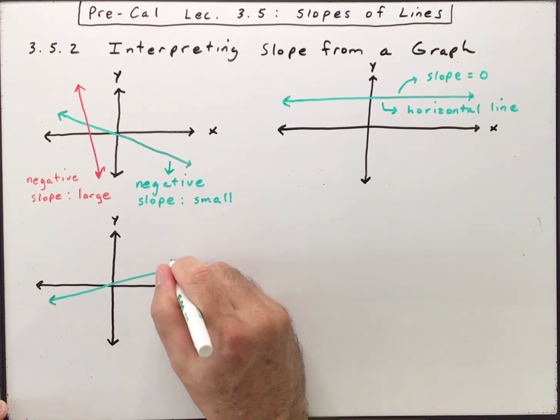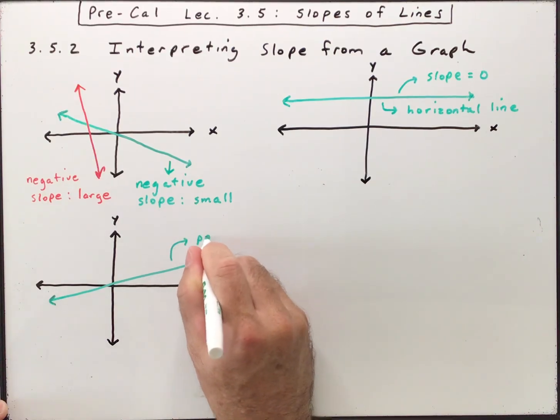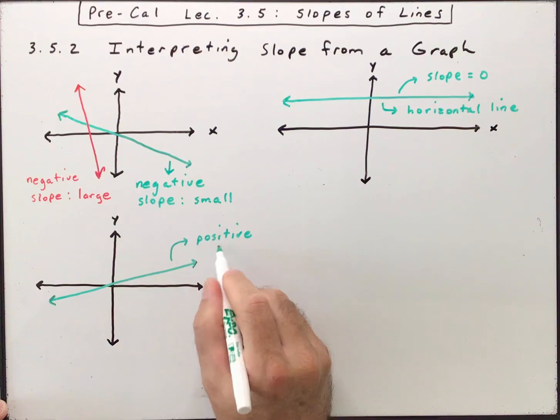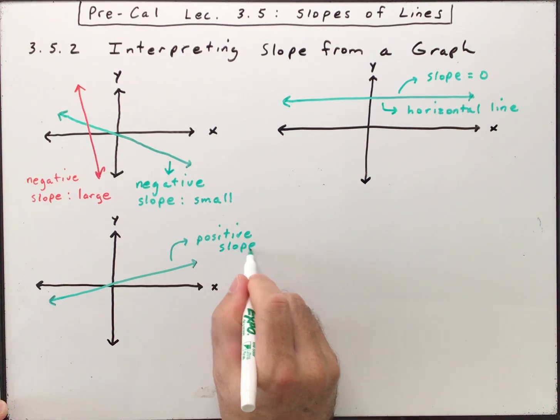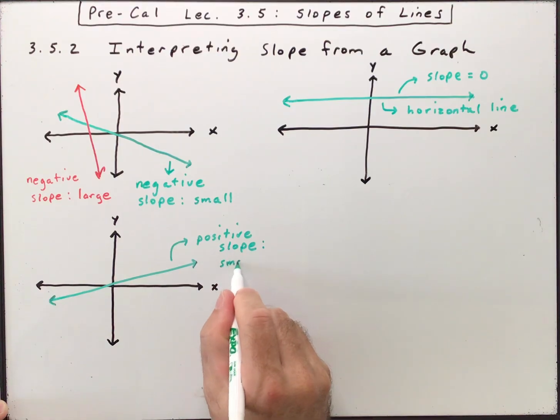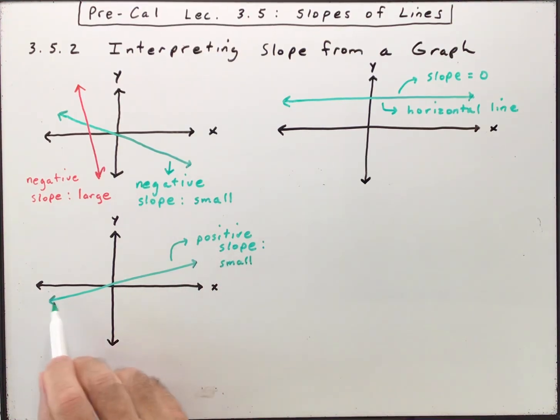Well, this is a positive slope, but it is a small positive slope. So maybe something like a half or a third. Okay, but it is positive because left to right it's going up.